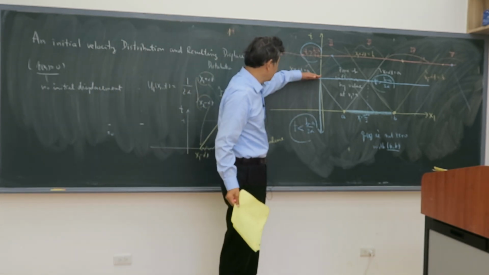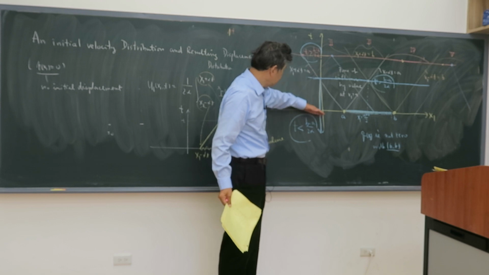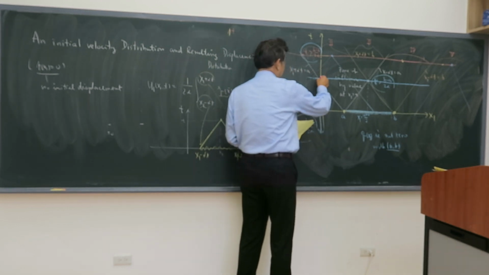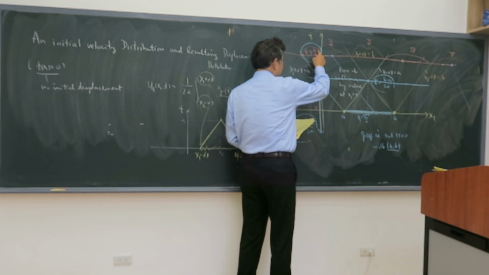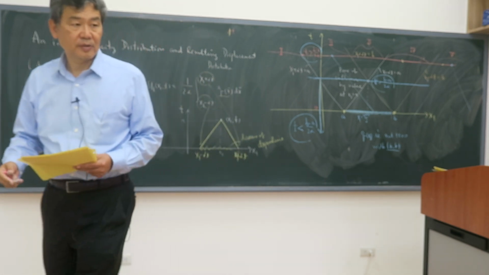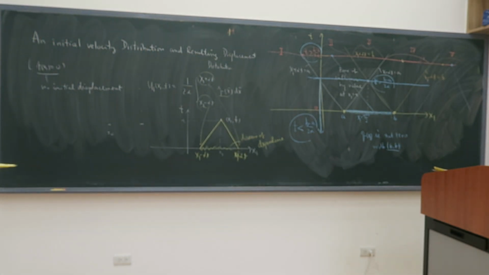Certainly, this is the value to 0. This is what I was interested in. And another is t larger than this value. After this value, we have some different solution. Okay?